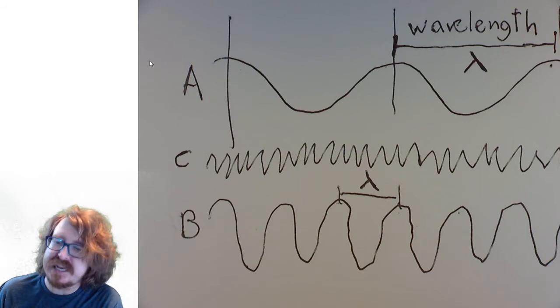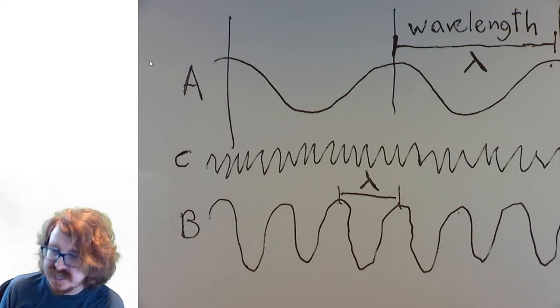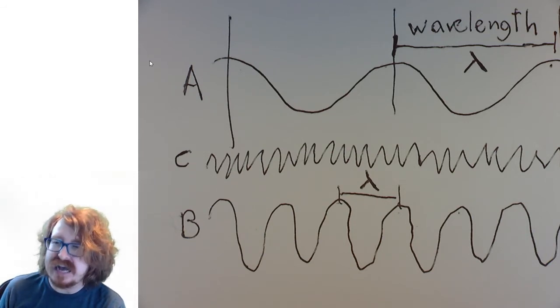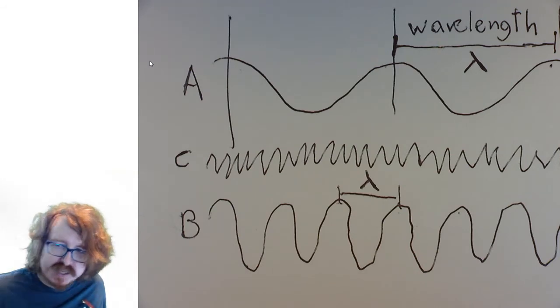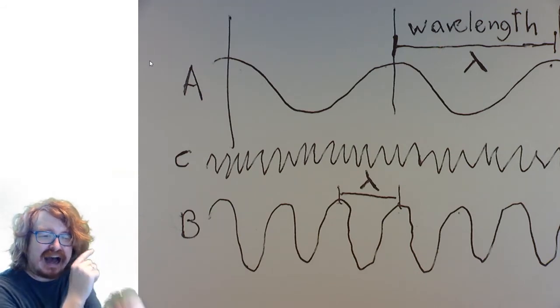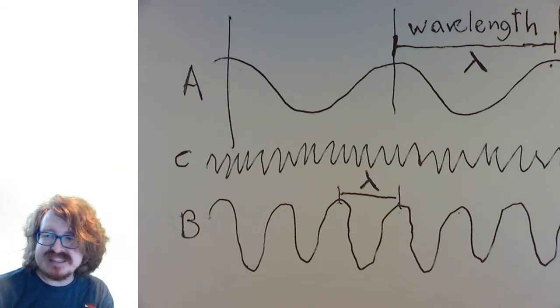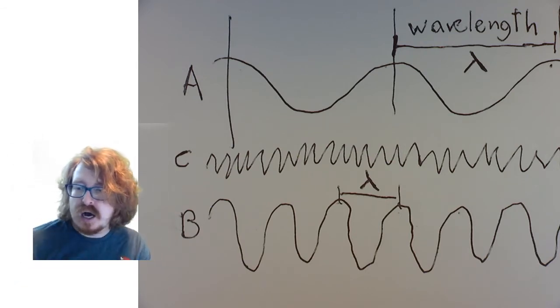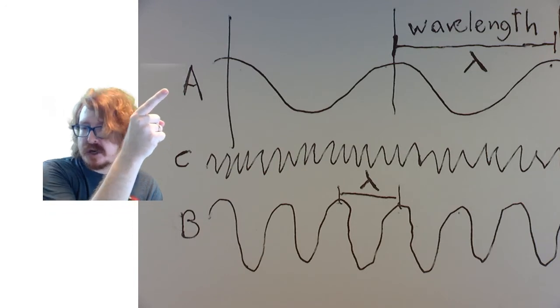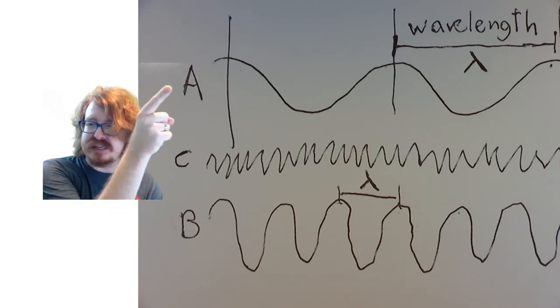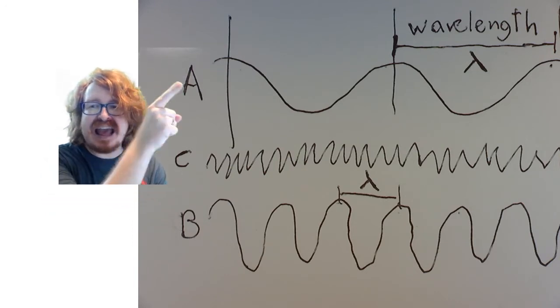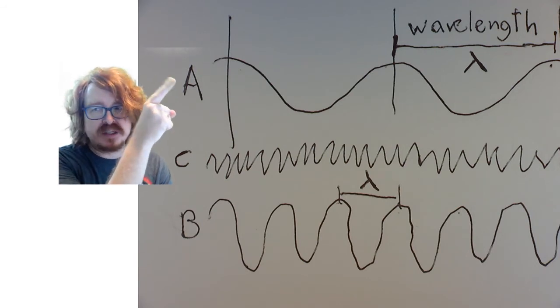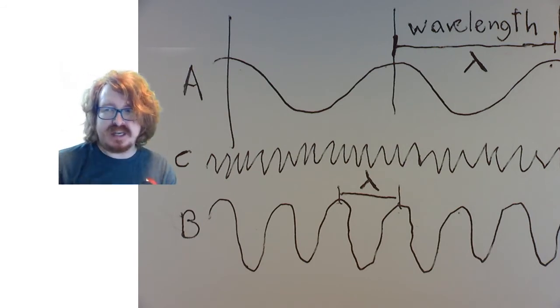C. That is correct. C would be the highest energy. Because we said C has the highest frequency, that means it has the highest energy also. And A would be the least. That's correct. A would be the least. Because A has the lowest frequency, so the lowest energy.